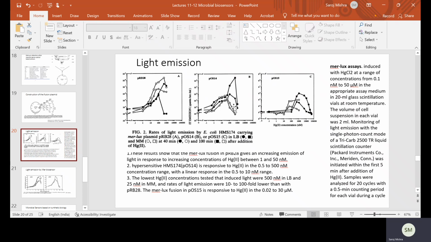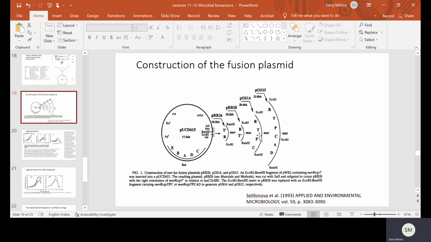They have taken up the mercuric ions inside the cell, but in POS14 you only have the transporter gene, and you don't have the gene A, which is responsible for making mercuric reductase. So once the cells take it up, they are going to die. So it is called a hypersensitive strain.